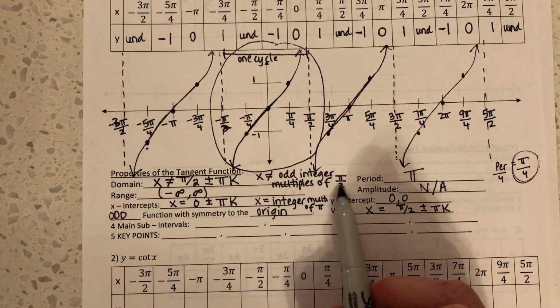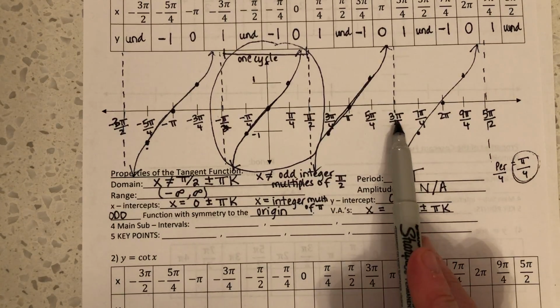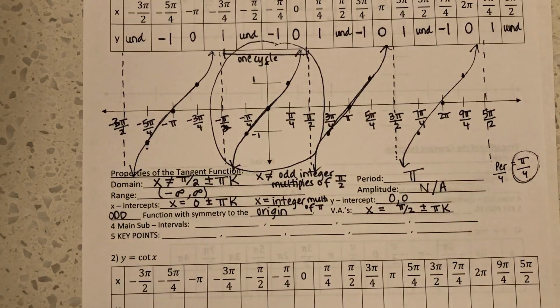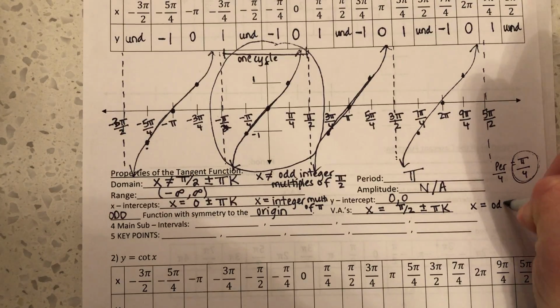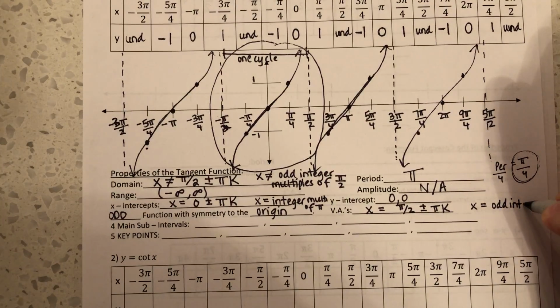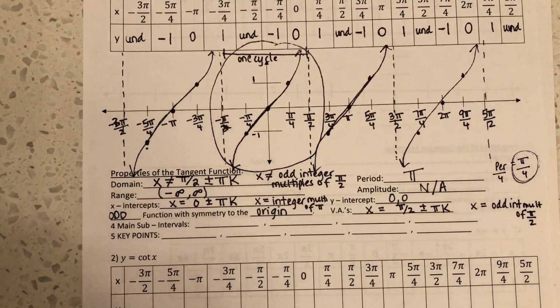Odd integer multiples of pi over 2. 1 pi over 2, 3 pi over 2, 5 pi over 2. Those are all going to be vertical asymptotes. X will equal odd integer multiples of pi over 2.